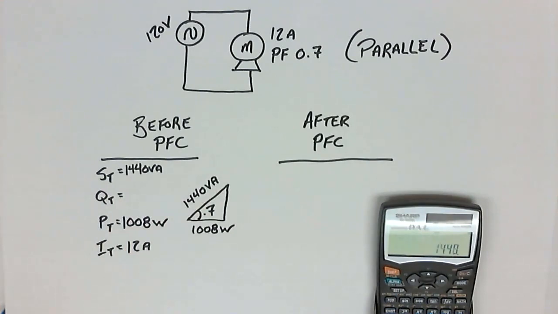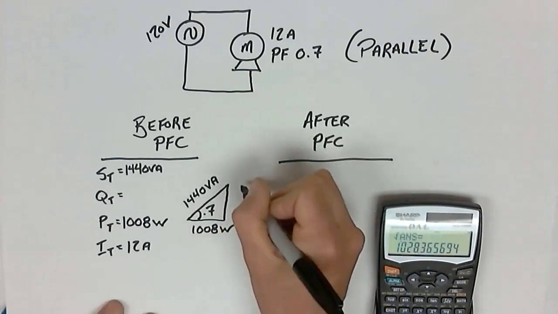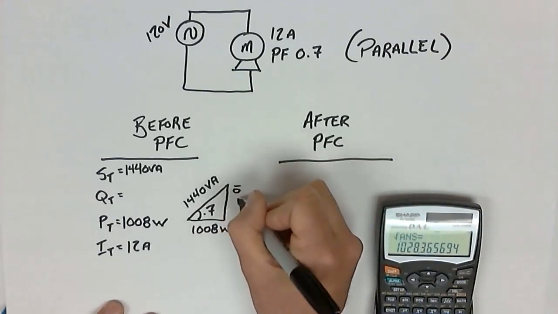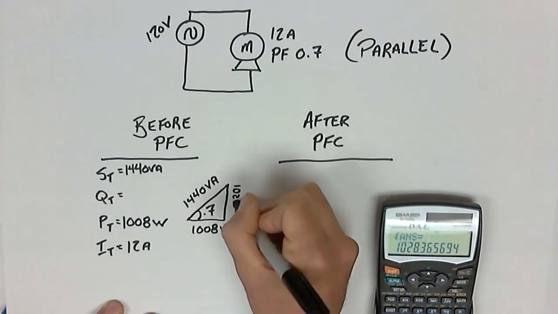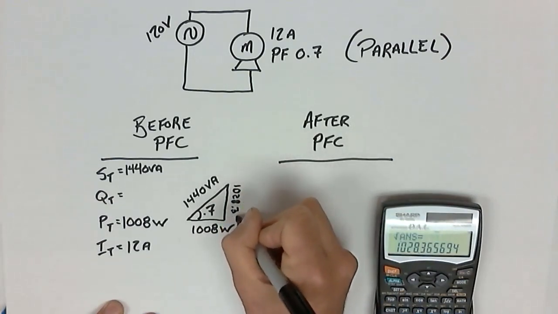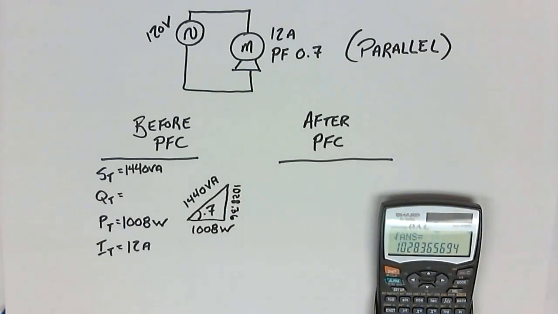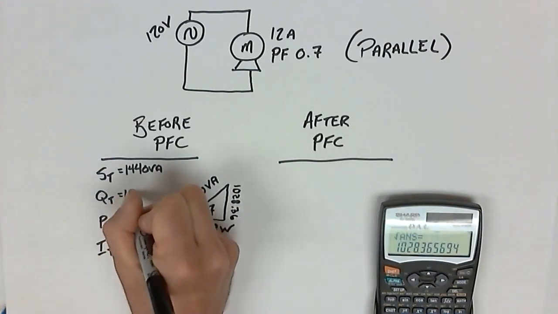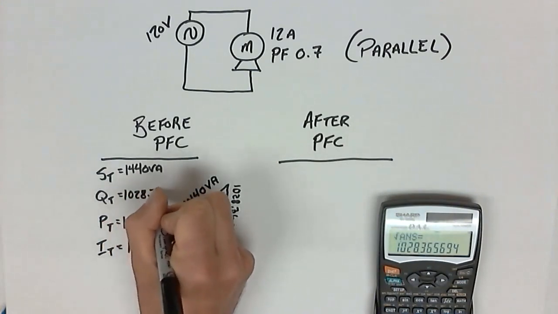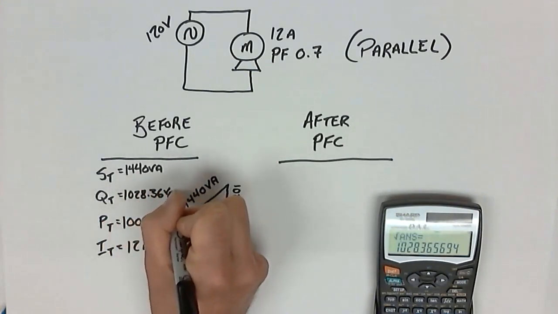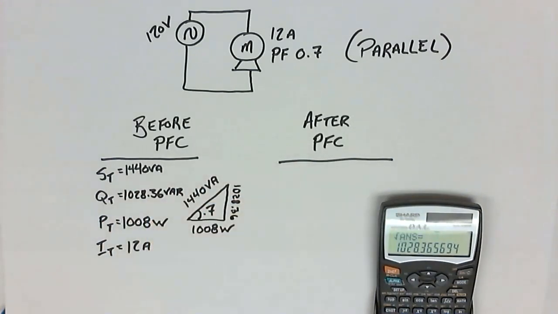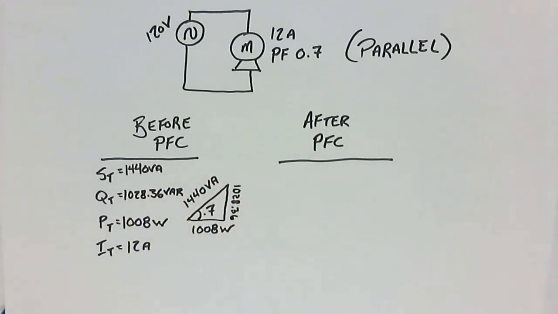So I'm going to do 1440 squared minus 1008 squared, square root my whole answer, and I get 1028.36. So I'm going to put that here, VAR. All right, so now I have all of the values of this particular circuit before power factor correction.